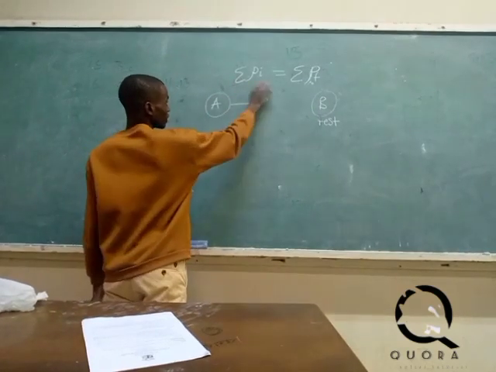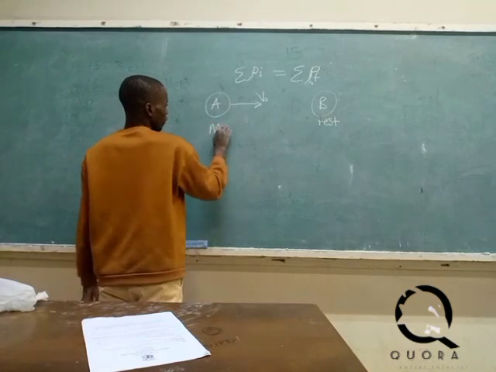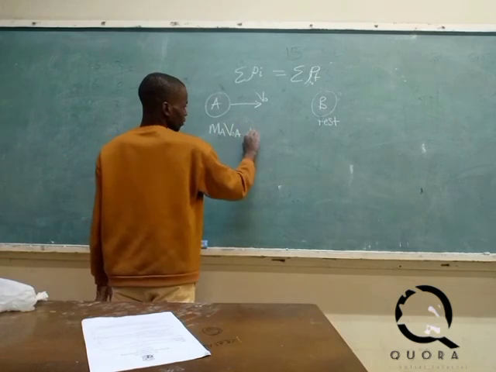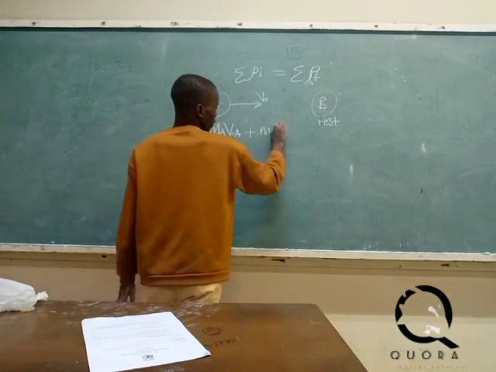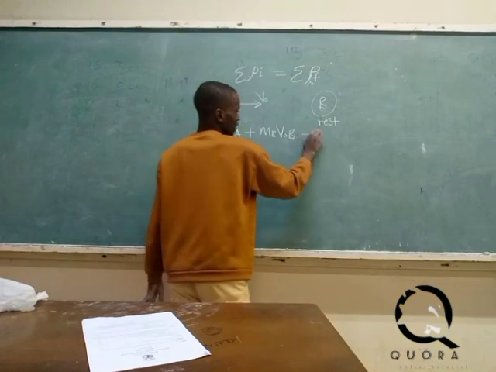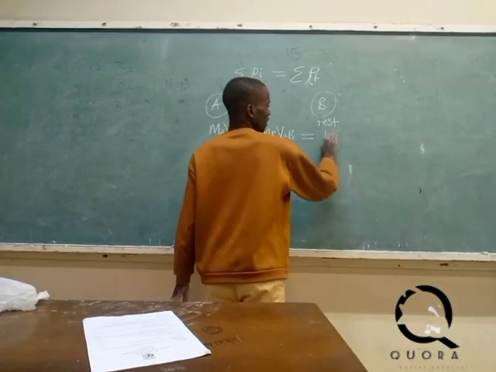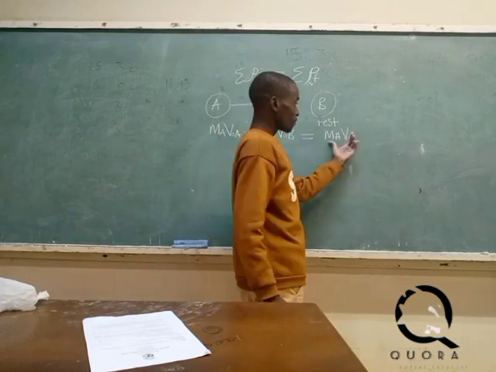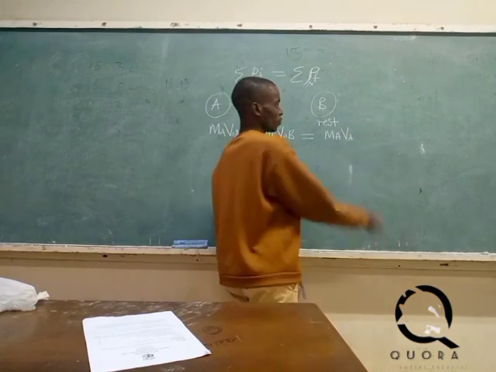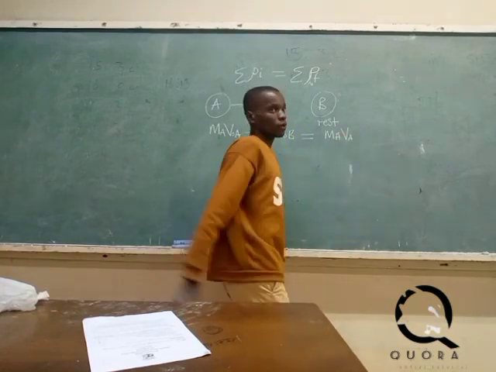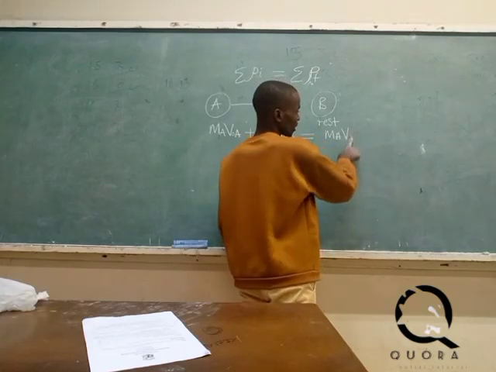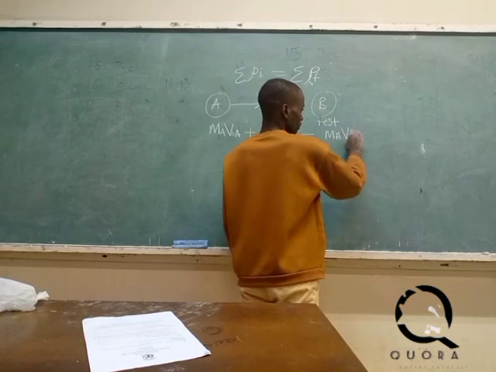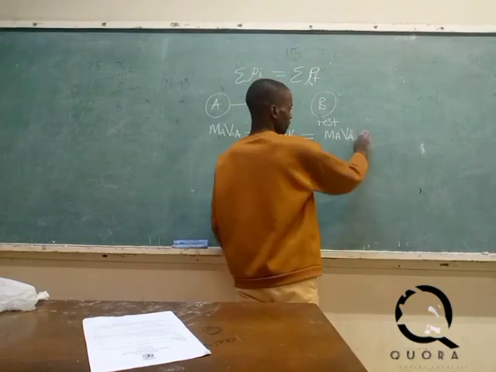So on the initial side, we are going to have mass A multiplied by the initial velocity of particle A, plus mass B multiplied by the initial velocity of B. This has to be equal to mass A multiplied by the final velocity of particle A. Some people use the prime, whichever, but what matters most is the value you are going to get. If you don't want to write it like this, you can put final A. It gives the same thing.